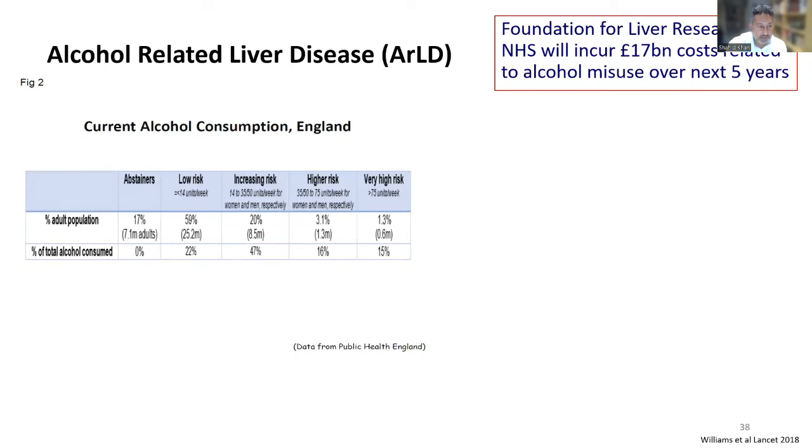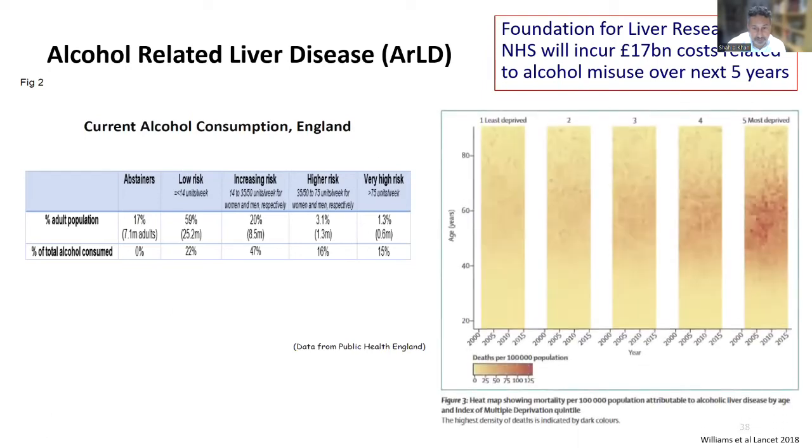If we look at current alcohol consumption in England, it's estimated that only 17% are abstainers, and approximately 25% of the population are drinking above recommended, potentially dangerous levels of alcohol.